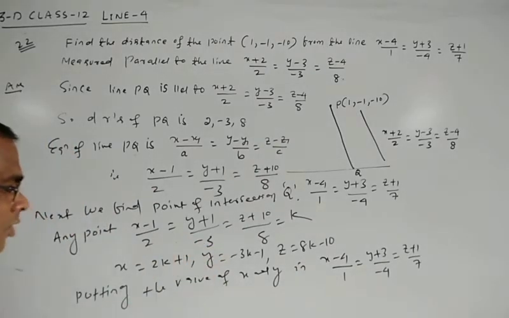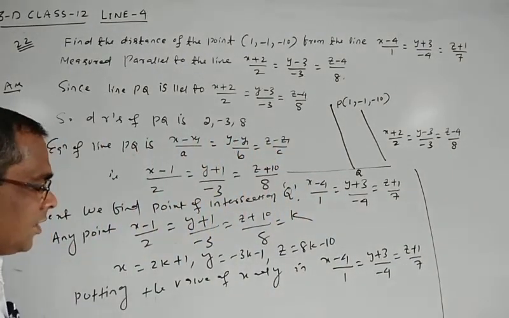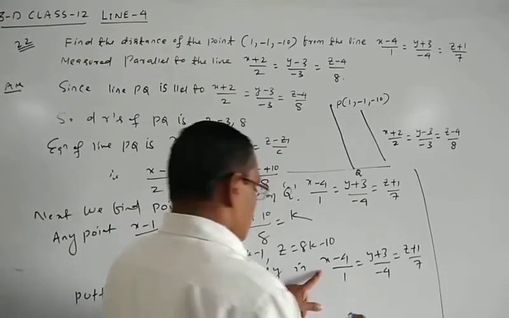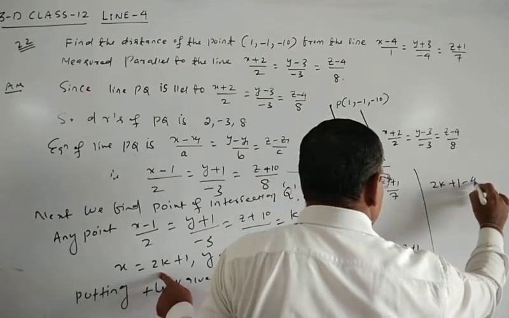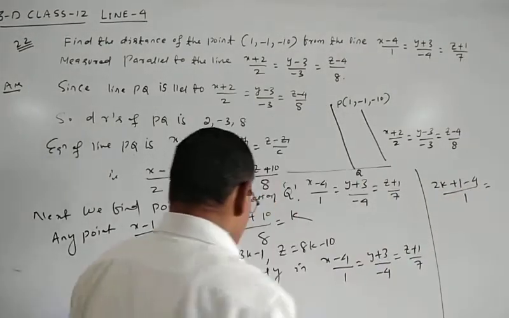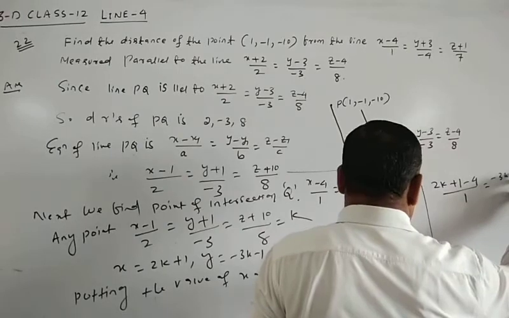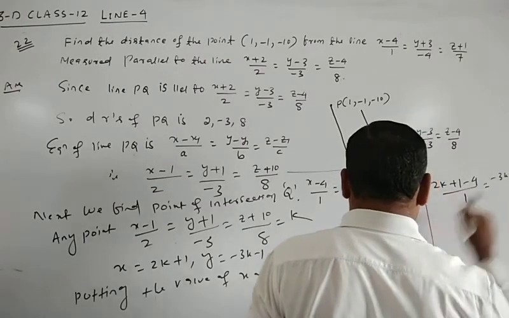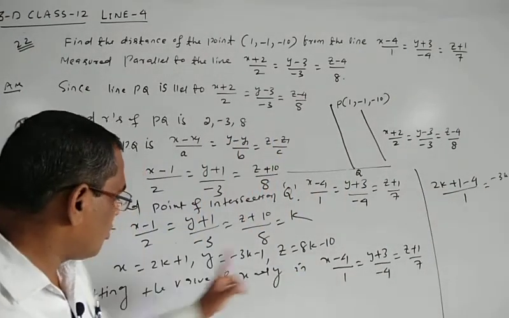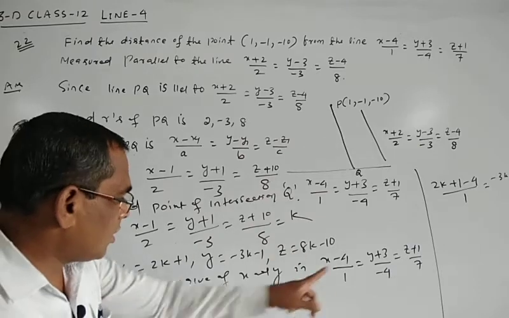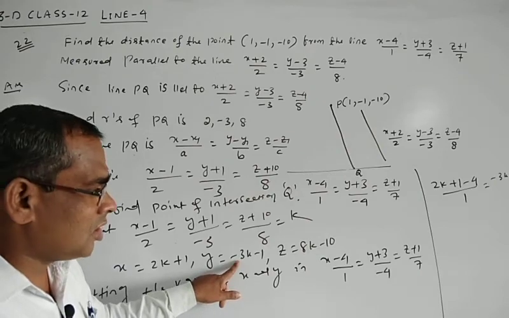So putting the values of x and y: x is equal to 2k plus 1, so (2k plus 1 minus 4) by 1 is equal to y, which is minus 3k minus 1 plus 3, by minus 4.